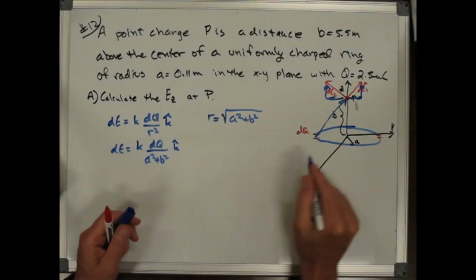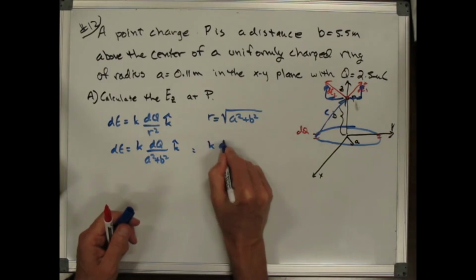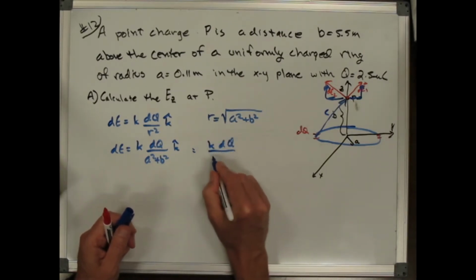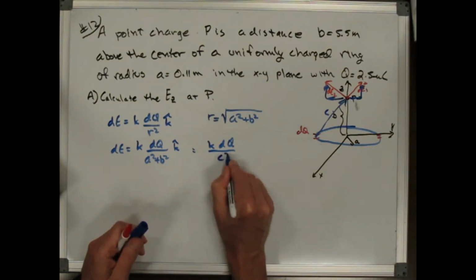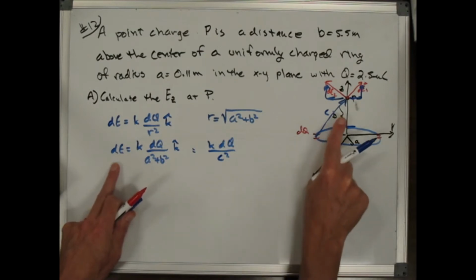If we want to, we can call that c, and say it's equal to k dq over c squared, something like that. And so that's the element of the electric field that way.